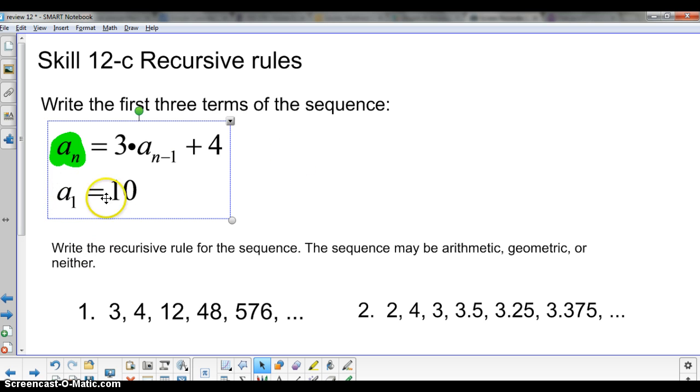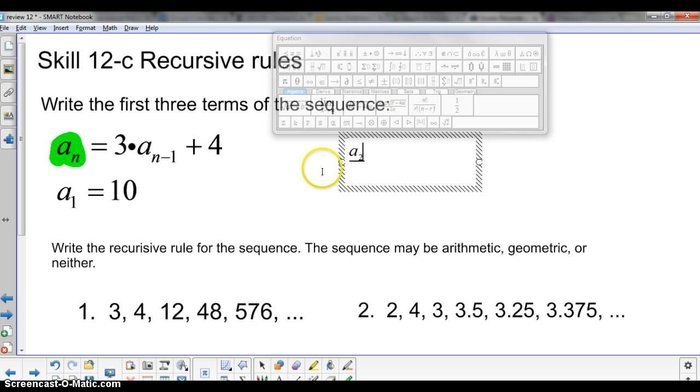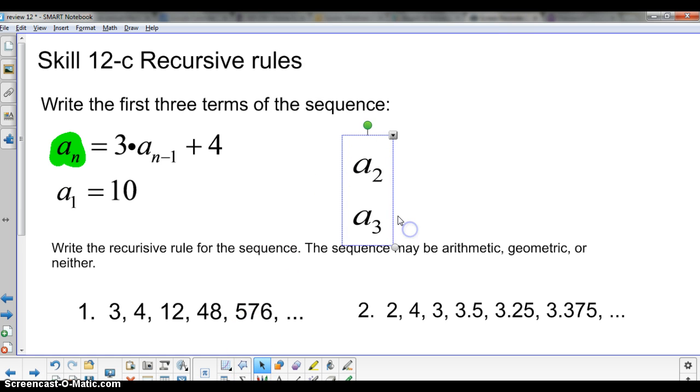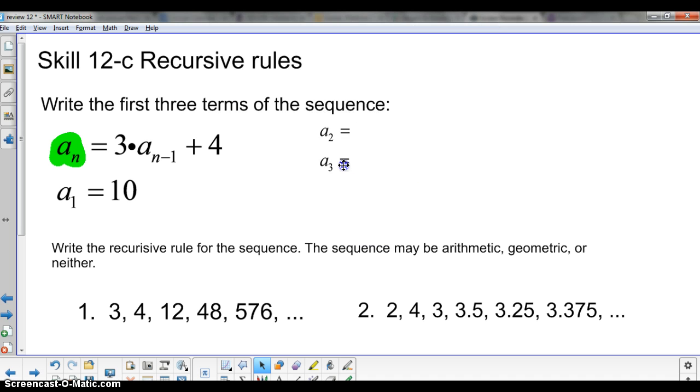I have to give you a sub 1. So in short, I want a sub 2 and I want a sub 3. All right, so in order to get a sub 2, I need to use the rule and plug in a sub 1 where it asks for the previous term.